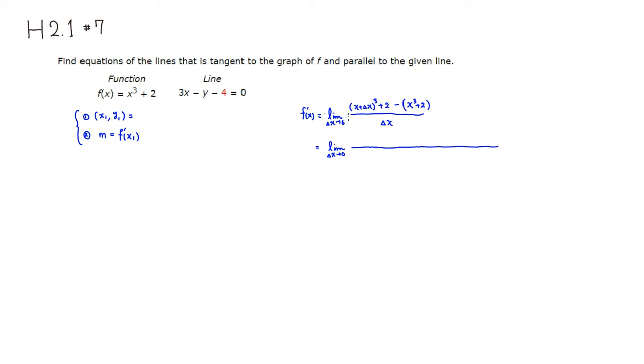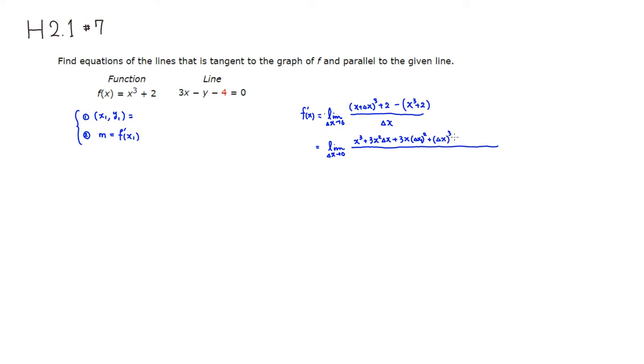If you multiply out the cube, it's going to be x cubed plus 3x squared delta x plus 3x delta x squared plus delta x cubed.